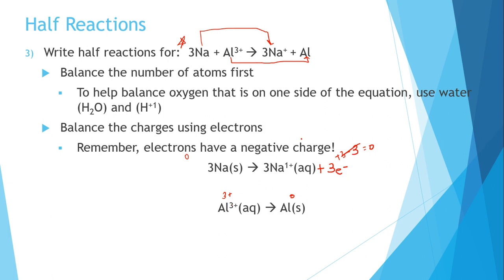Again, we tend to add electrons on the biggest side, the most positive side. So over here, I have a 3 plus, and in order to get down to 0, I'm going to add 3 electrons. So notice a 3 plus and a 3 minus gives me the 0 that I should have. So right here, this is my second half reaction.